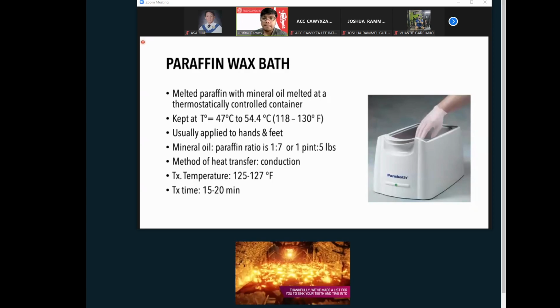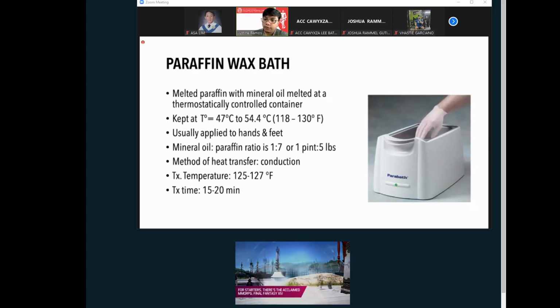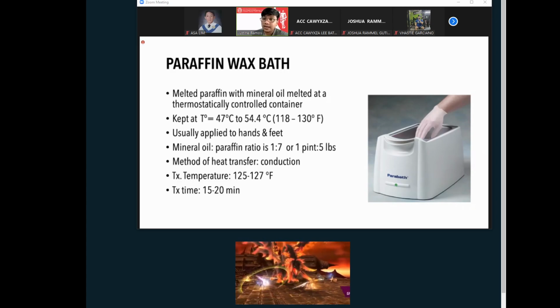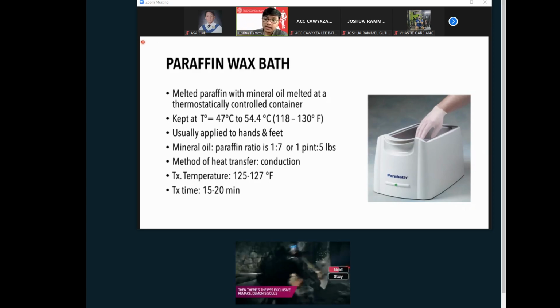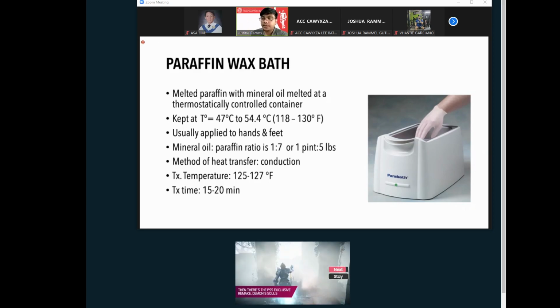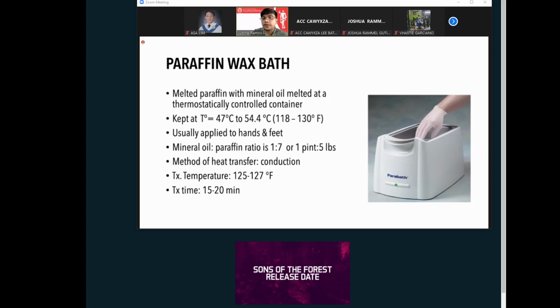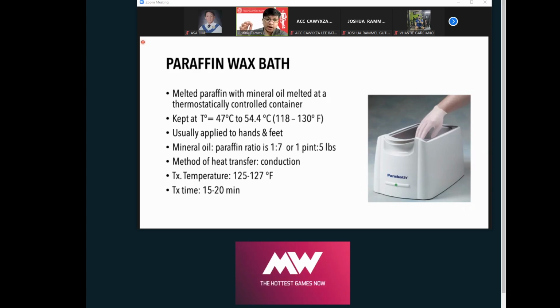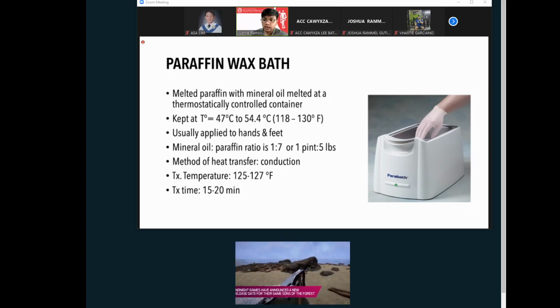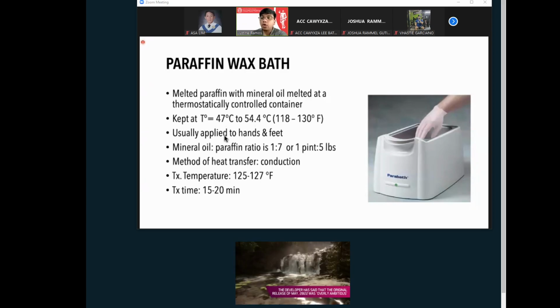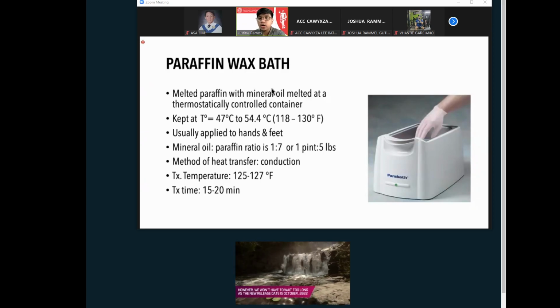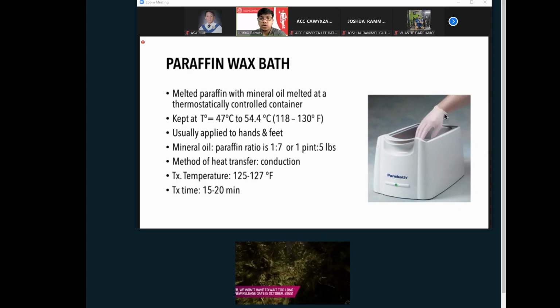That means a longer effect, and at the same time, the effect of the heat is not abrupt. Compared to water, if you boil water it would stay at its temperature of 100 degrees centigrade and you cannot really submerge your area in boiling water. Okay? Yes, correct. At the same time, the wax would not come off if you have no oil. Okay? So somehow the oil controls the temperature of your paraffin.